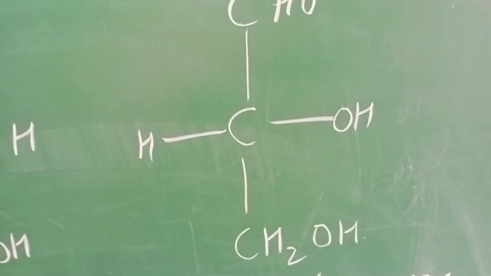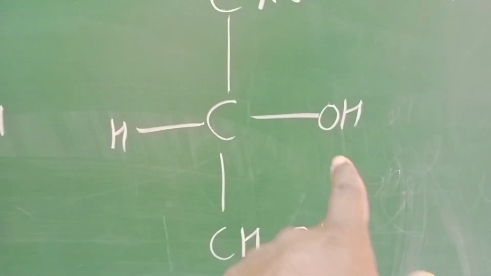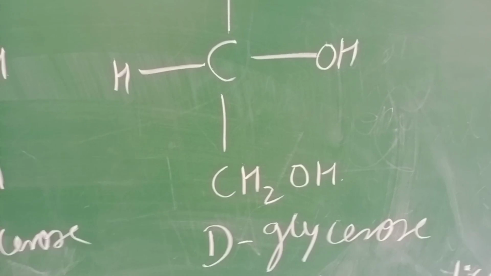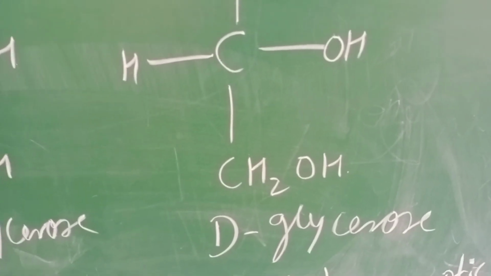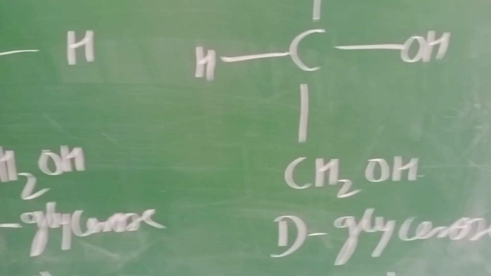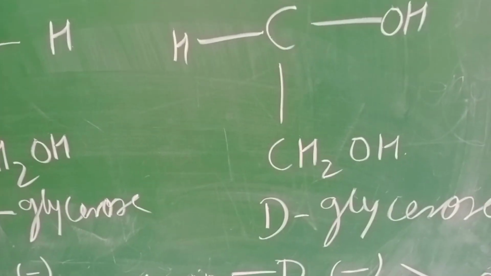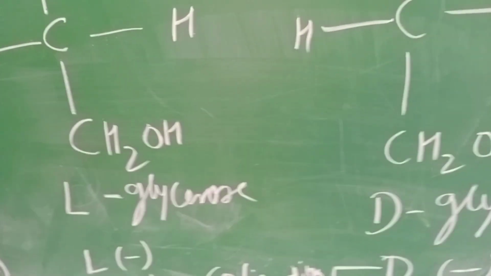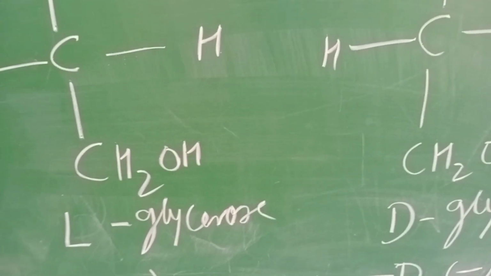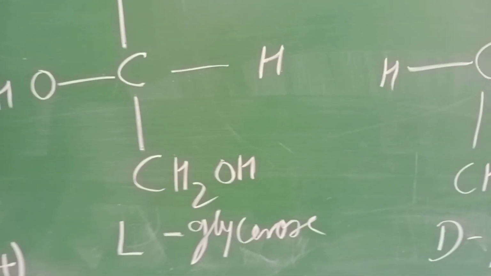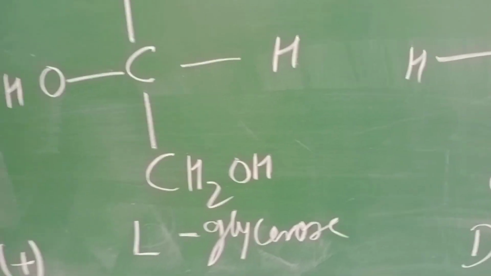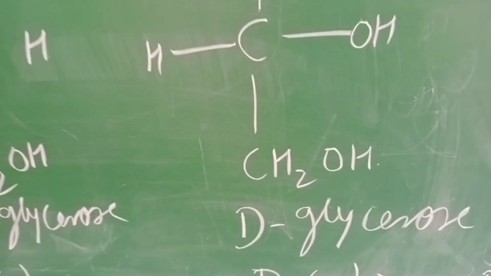Because the hydroxy group is present on the right side, this particular molecule is said to be D-glycerose. So the capital L and the capital D represent nothing but the configuration of the molecule. We can say this L-glycerose molecule belongs to the L series and the D-glycerose molecule belongs to the D series.